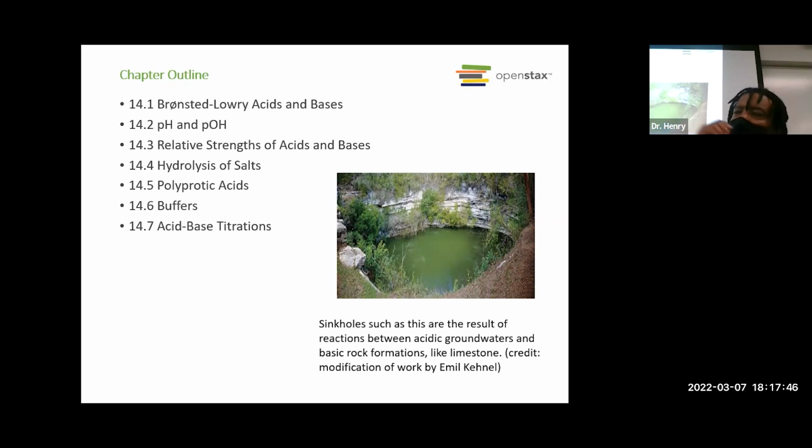Poly means many, protic means protons, so many protons. We'll talk about buffers, and we'll also talk about acid-base titrations.